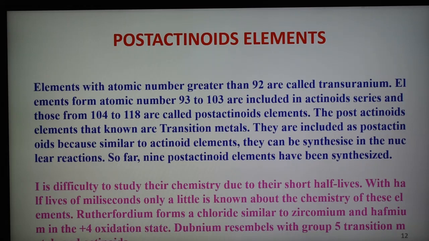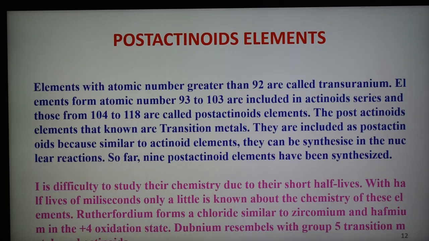The post-actinoid elements that are known so far are transition metals. They are included as post-actinoids because, similar to actinoid elements, they can also be synthesized in nuclear reactions. Nine post-actinoid elements have been synthesized, and it is difficult to study their chemistry due to their short half-lives.